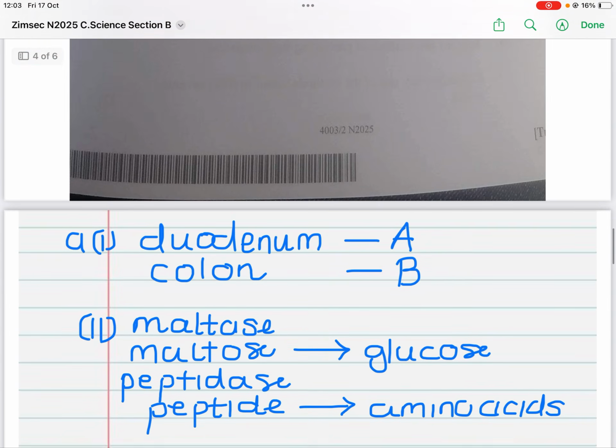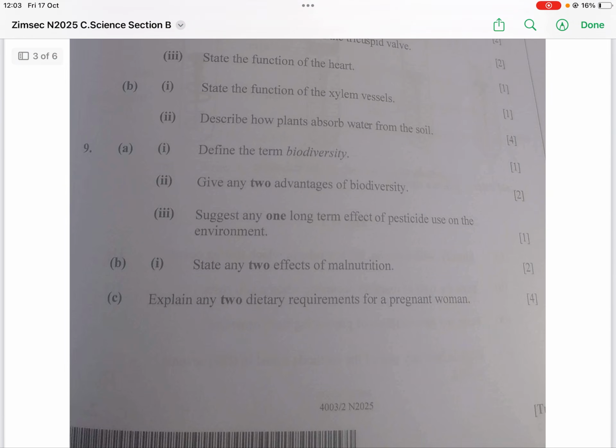The question was saying, describe how plants absorb water from the soil. So water enters the root hair cells by osmosis, as water in the soil is higher than in the root cell sap.